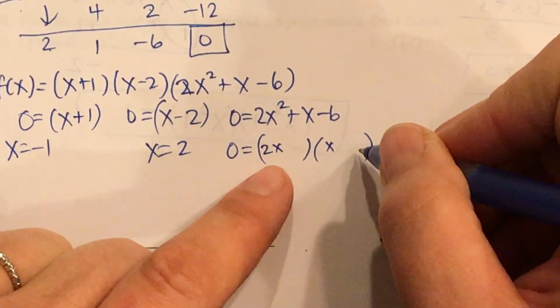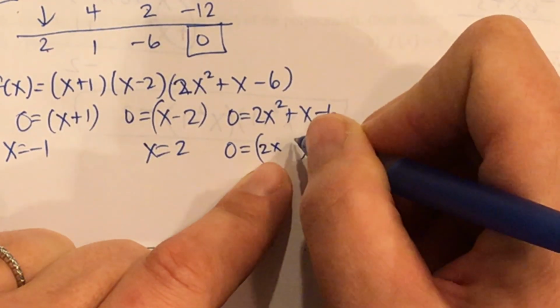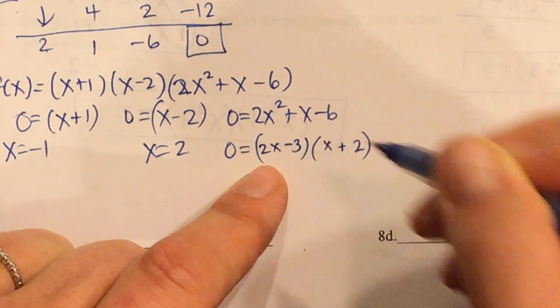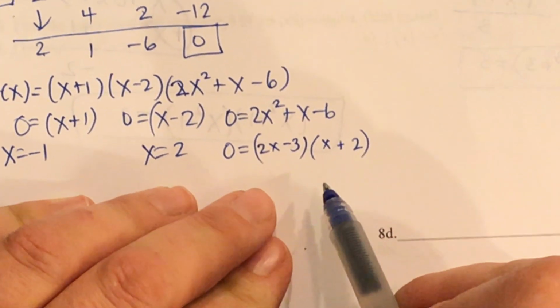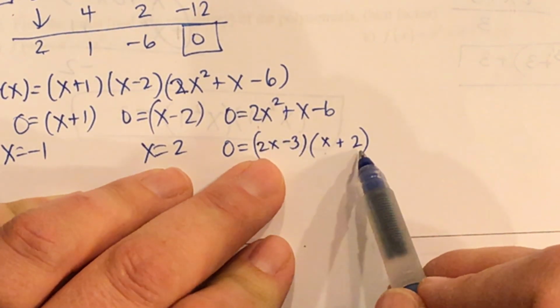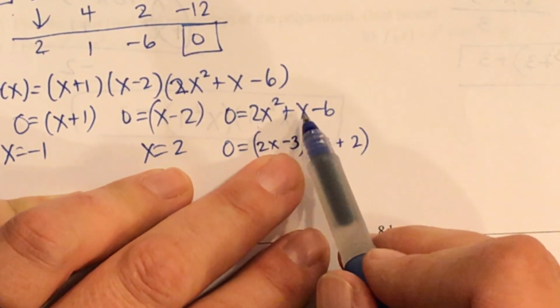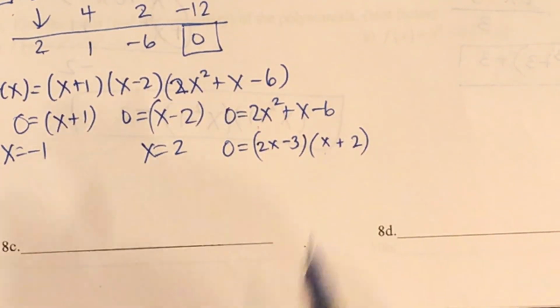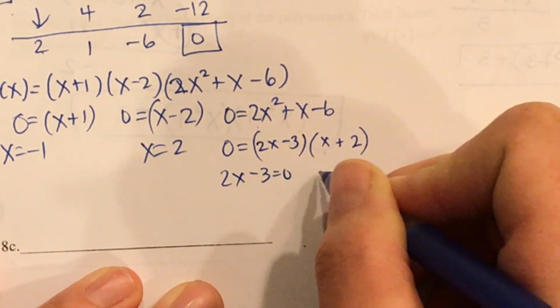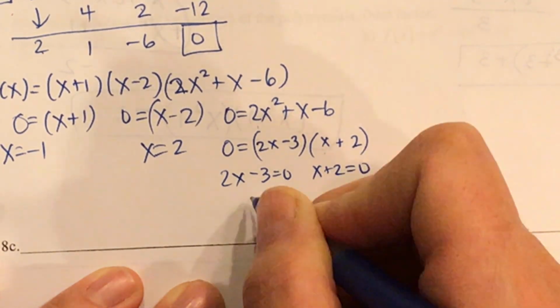If I do a 2 and a 3, a 2 here and a 3 there, and I make this positive and that negative, does that work? Let's check. It's called guess and check. So 2x squared, this right here gives me 4x's minus 3x's is in fact an x, and then it gives me a minus 6. Great. So 2x minus 3 equals 0, x plus 2 equals 0.